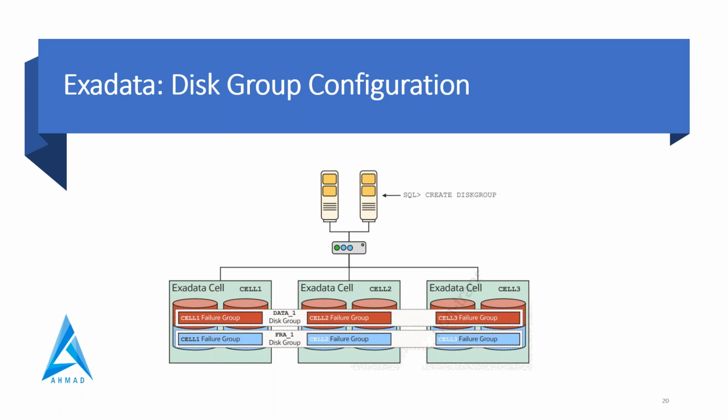When data is loaded in each disk group, ASM evenly distributes the data across all the grid disks in each disk group. We know that ASM does rebalancing and all that internally. Using normal or high ASM redundancy in conjunction with at least 3 failure groups for each disk group is recommended in Exadata, and this will ensure that at least two copies of data are maintained to protect from storage failure.